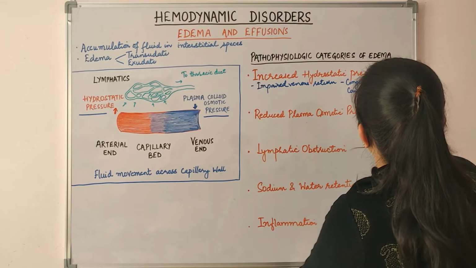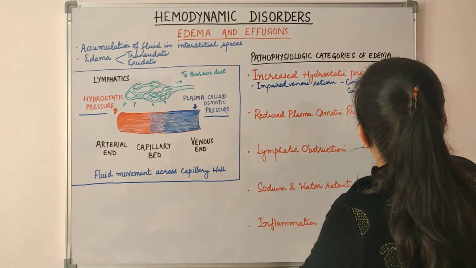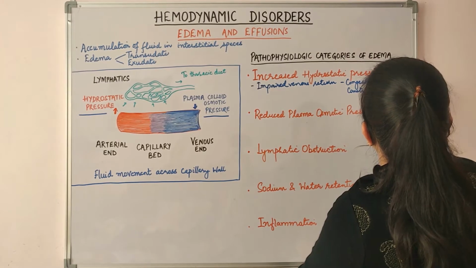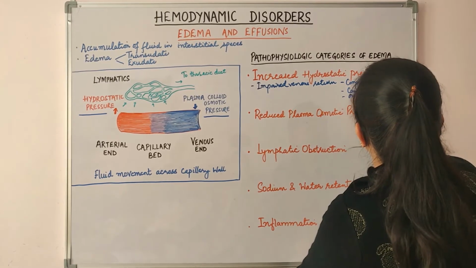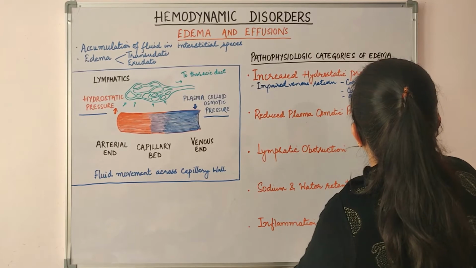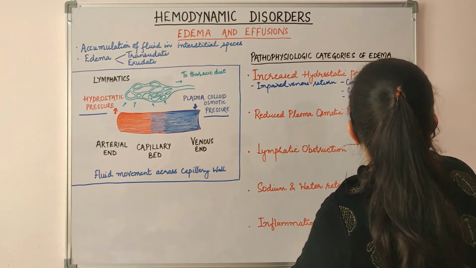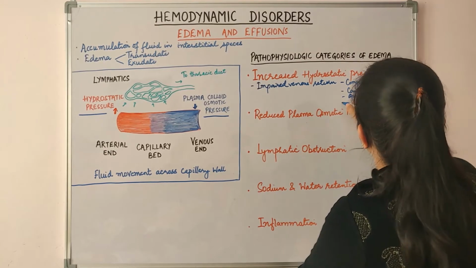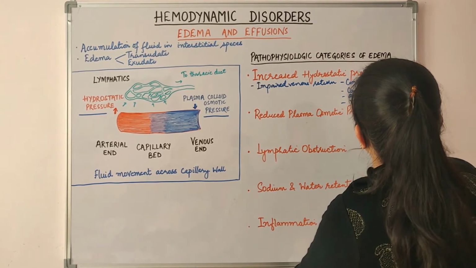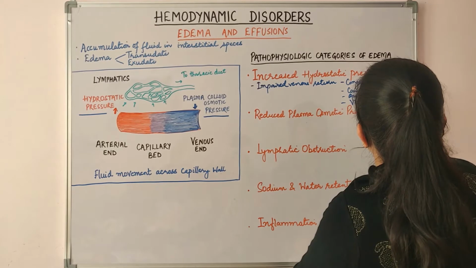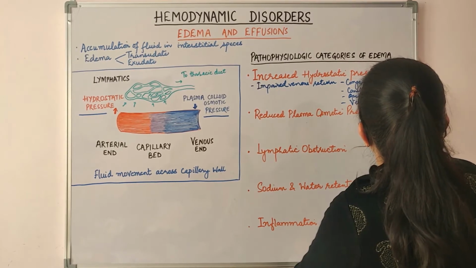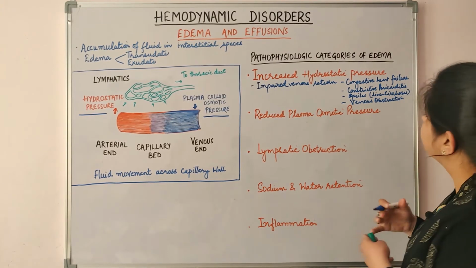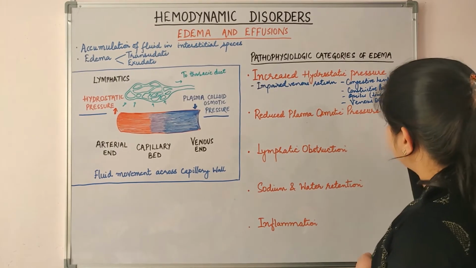constrictive pericarditis, then ascites due to liver cirrhosis, and venous obstruction. It can be due to thrombosis or any external compression.